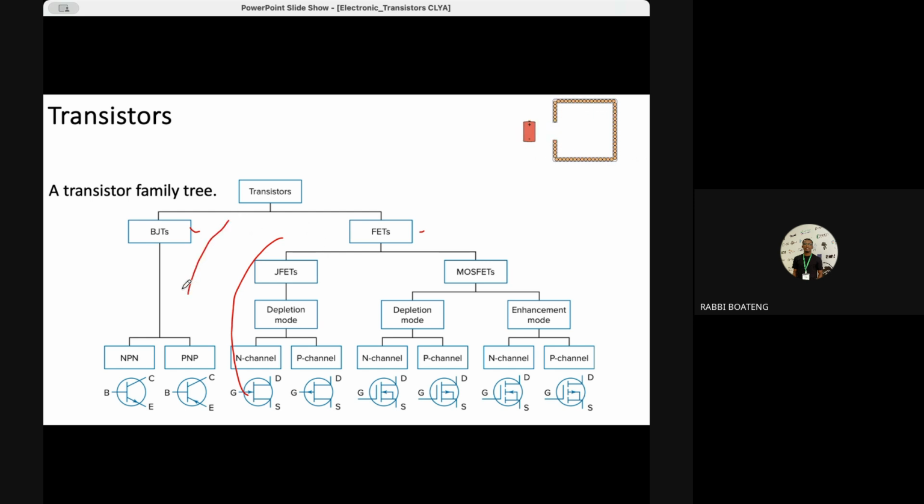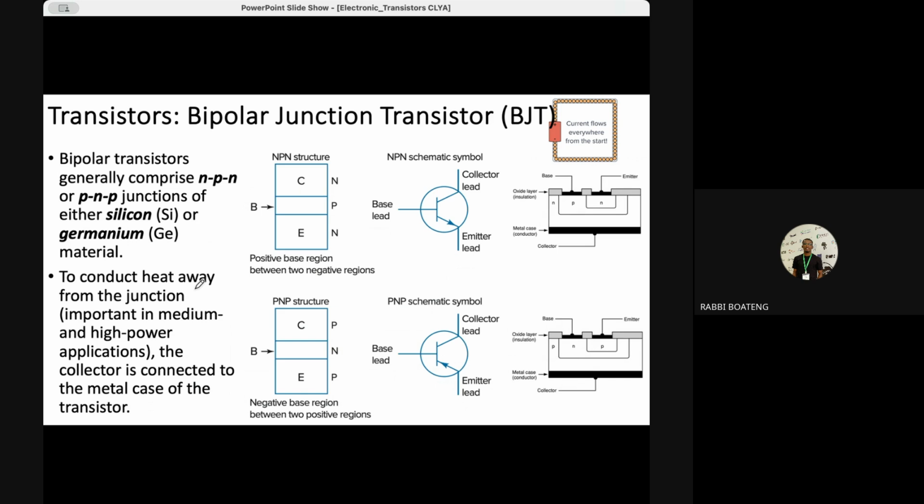So we'll be talking about the bipolar junction transistors. We'll be talking about the NPN transistors. We'll be talking about the PNP transistors, and we will end. Now, under the bipolar, we have two types basically: the NPN, as I said earlier, and the PNP. And it has three different configurations, or let me say chambers or terminals.